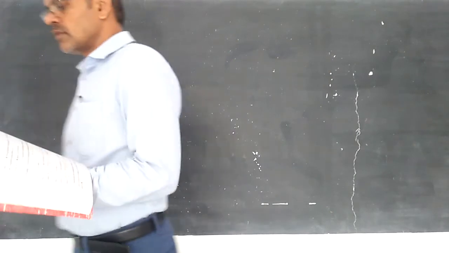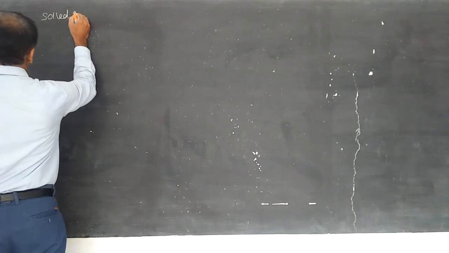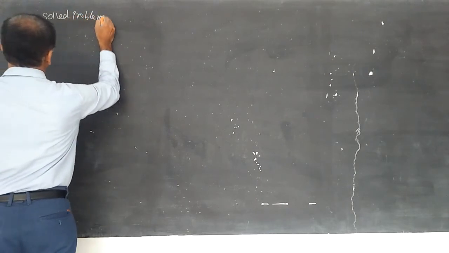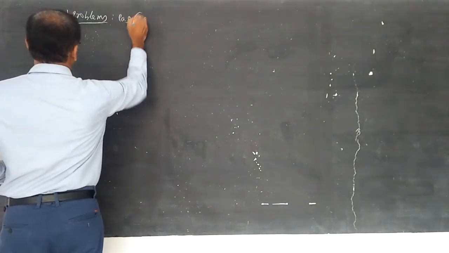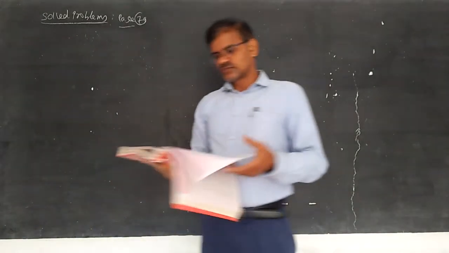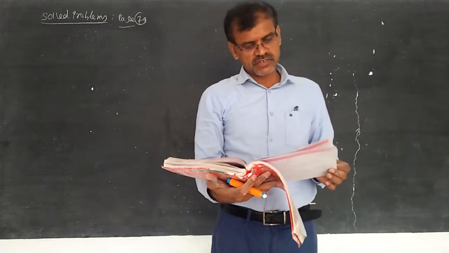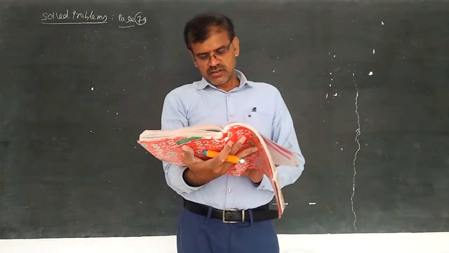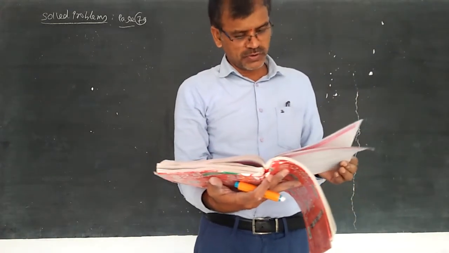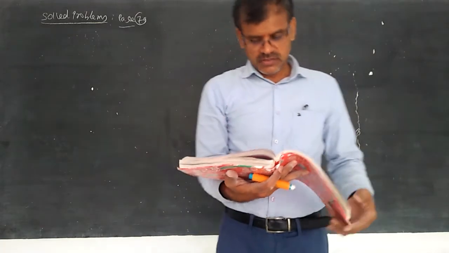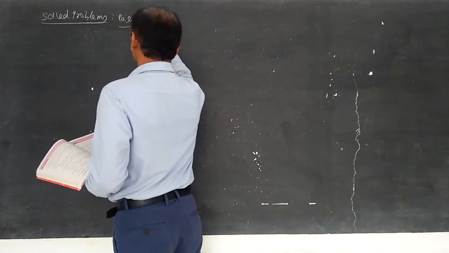First example, page 79, solved problems. I will do each and every example, but in exercise 3b I will do some sums, and the rest I give as homework to you. Page 79, example 1.